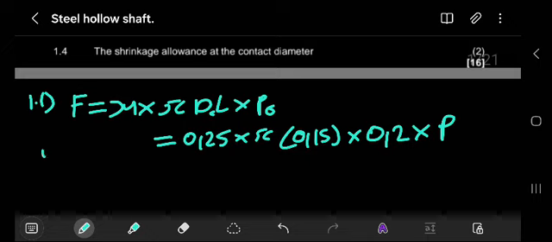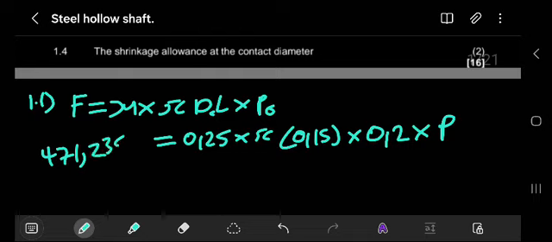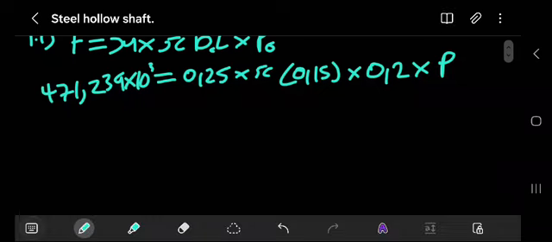It is 471.239 times 10 to the power of 3, since this is kilonewton. You want P, so you divide both sides by the same thing.